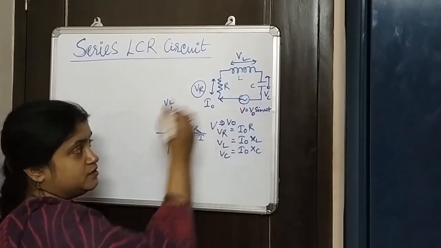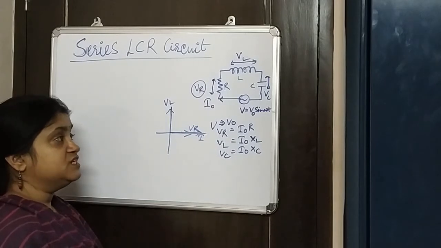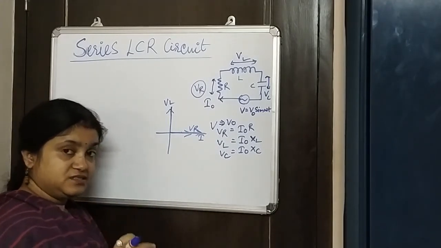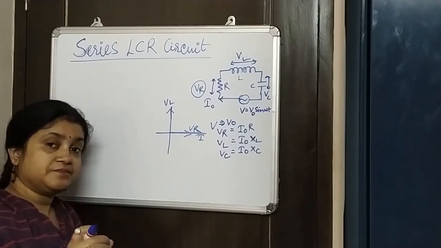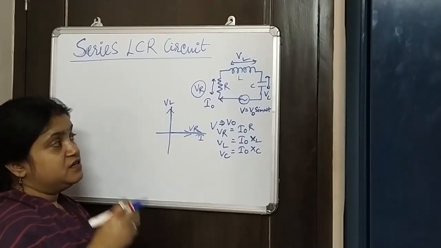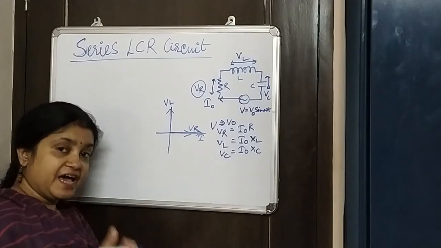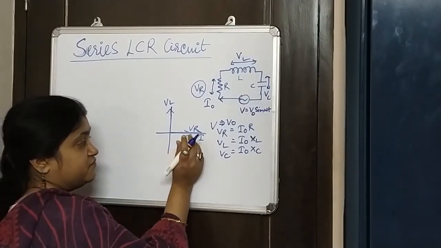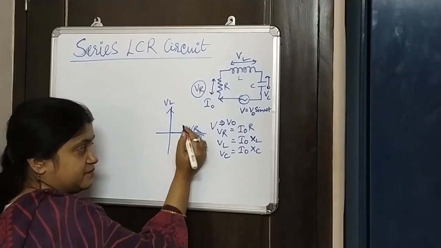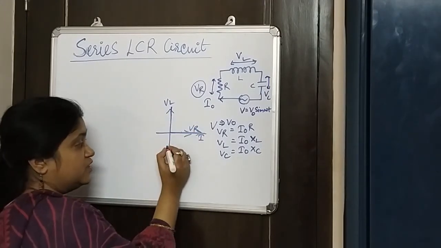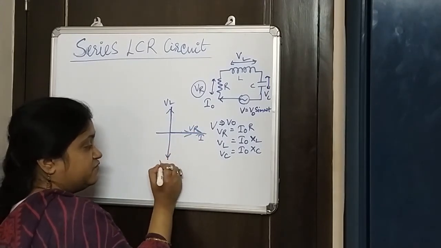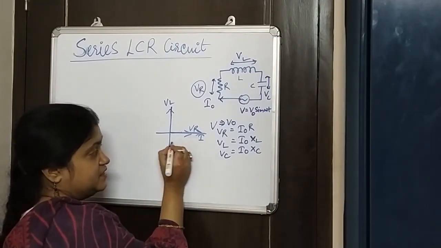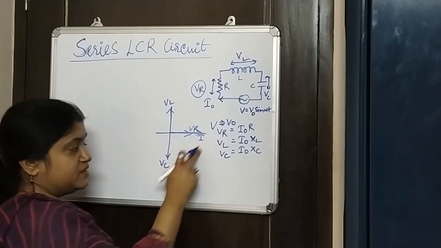Now coming to the capacitive voltage, we know that in the case of capacitors, the voltage will lag behind the current by 90 degrees. So if the voltage lags behind, it means it will go down. Therefore VC will be in this direction, and again this is 90 degrees from the current.